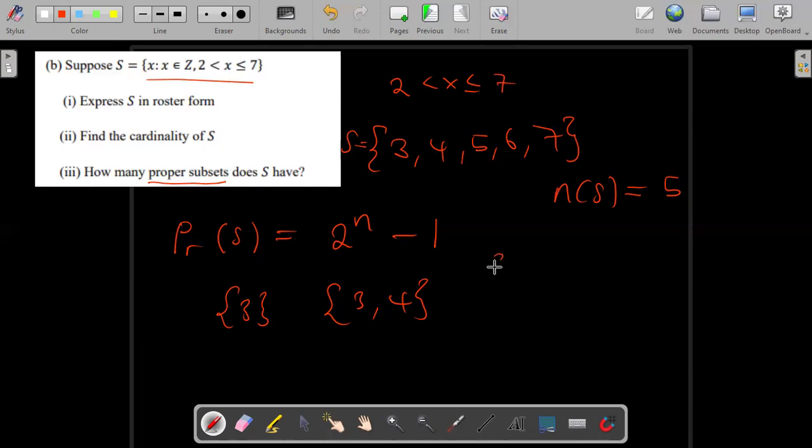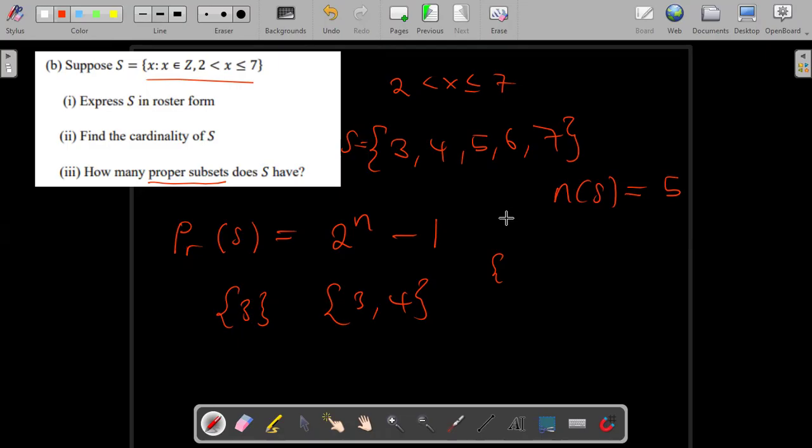If I have this set which contains the elements 3, 4, 5, 6, and 7, it's a subset of itself and it contains all the elements that are in S. So proper subsets are subsets that do not contain all the elements that are in S, meaning it has to have only some elements of S. And there's only one set that contains all the elements in S.